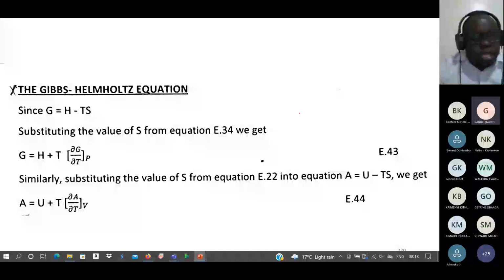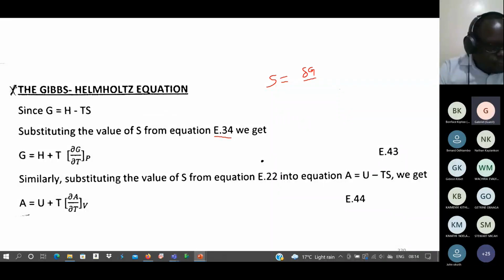So now when you substitute the value of S from equation E34, now you know E34 was given by S equals delta G over delta T at constant pressure.